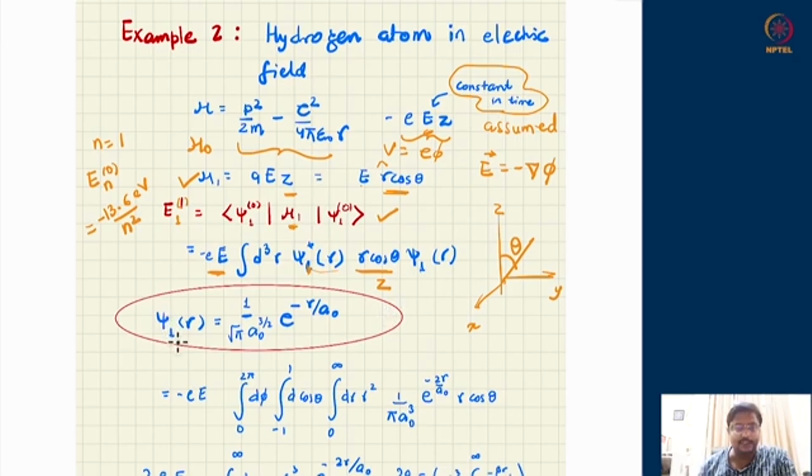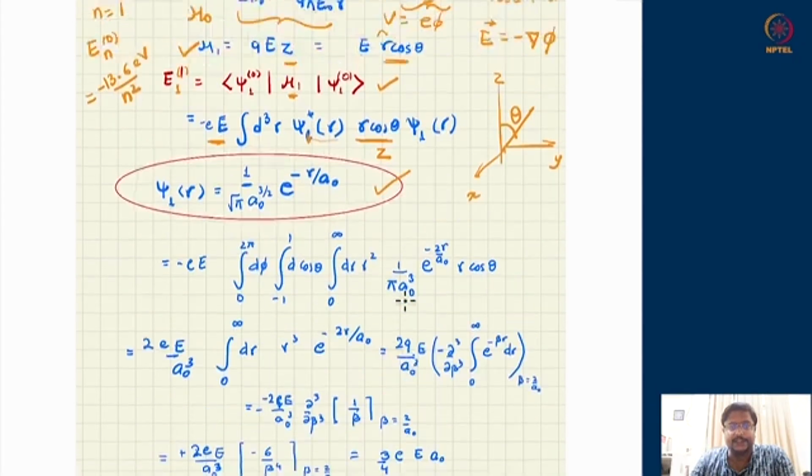And we know in the hydrogen atom, the ground state wave function is this, exponential of minus r upon a naught with a constant factor coming outside, where a naught is the Bohr radius, as we understand. So we can do this computation. We can evaluate this integral by just putting psi 1 here and psi 1 star here, and you will get an integration of this kind.